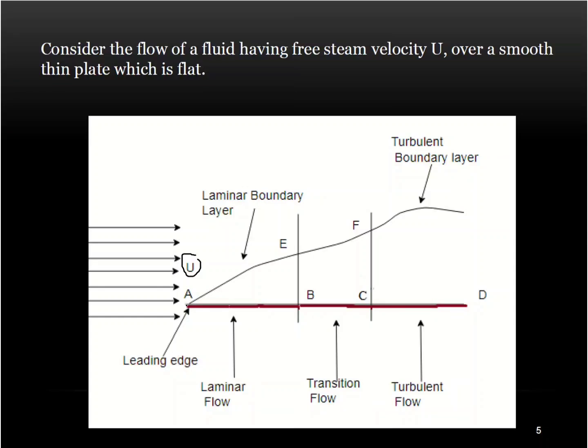Once it touches the surface and starts flowing over the surface, very few molecules start adhering, or start losing their velocity, and hence from A to B, up to this zone, since the formation of the boundary layer is just starting and the thickness of the boundary layer is very small, this zone is said to be a laminar zone, and the boundary layer present in this zone is called a laminar boundary layer, because the fluid still follows a laminar flow in this region.